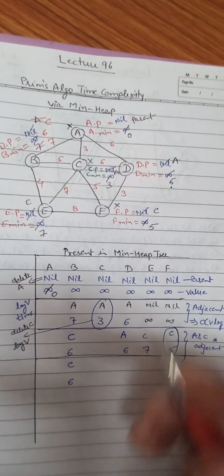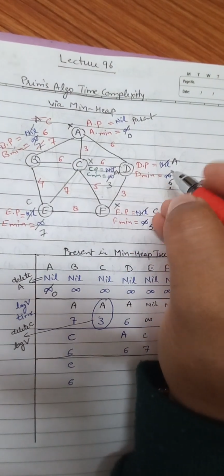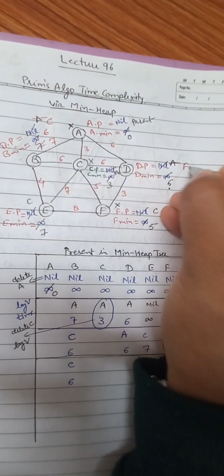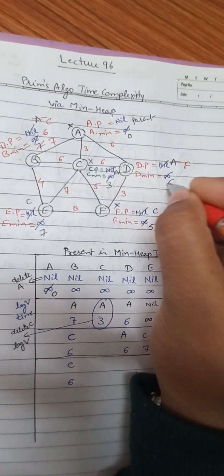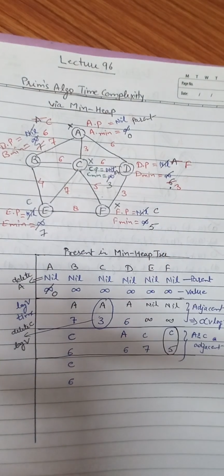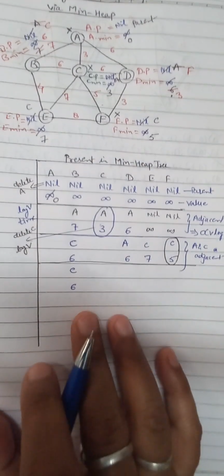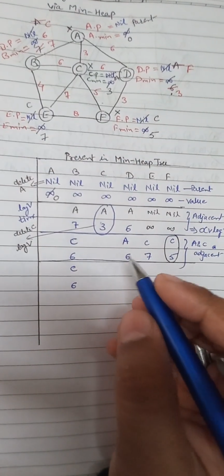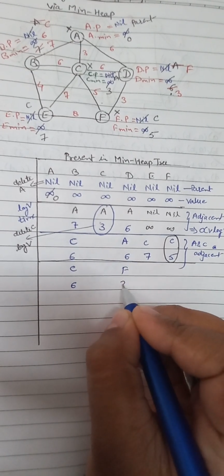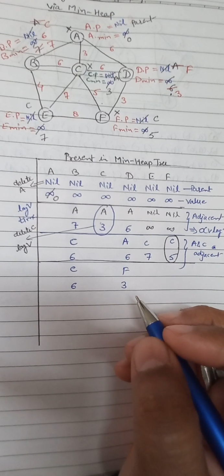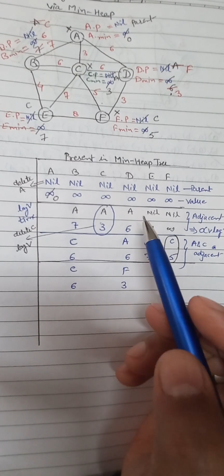So we need to cross check here. The parent of D will become F now, and the value, because it is less than this, is 3. Instead of 6, 3 will come here. So in a similar way, we are going to write here: D's parent will be F, and the value will be 3. And what about E?